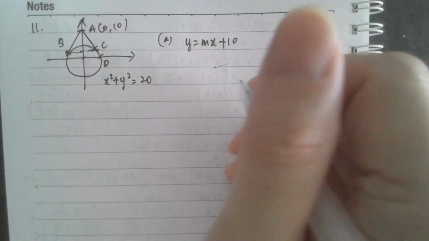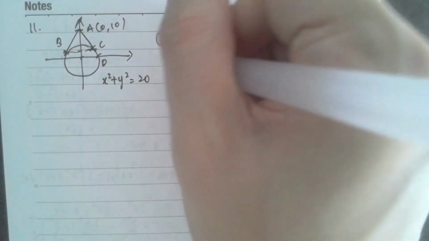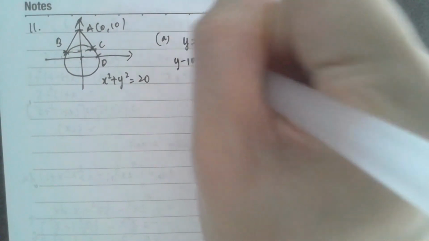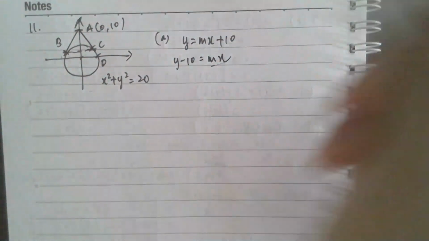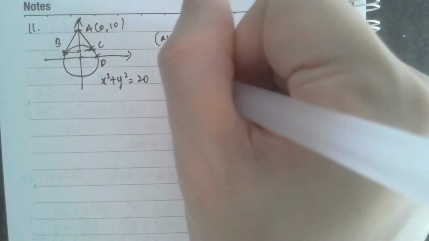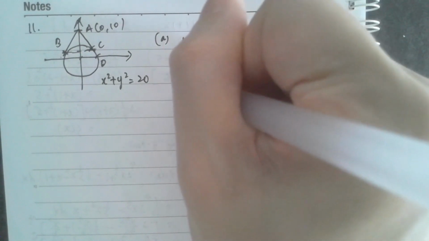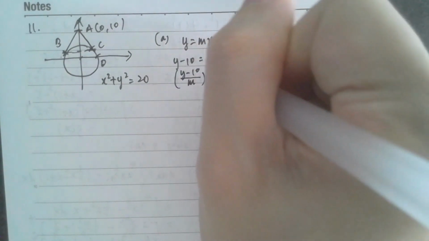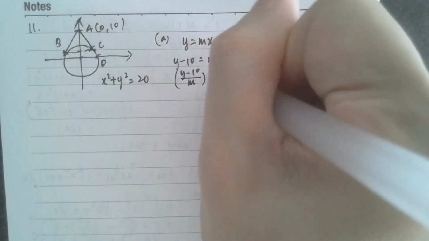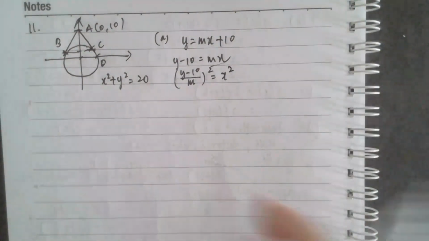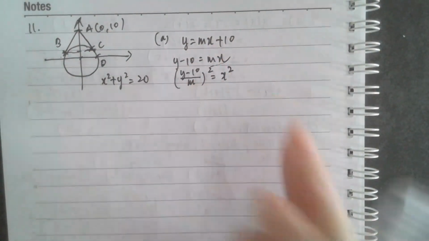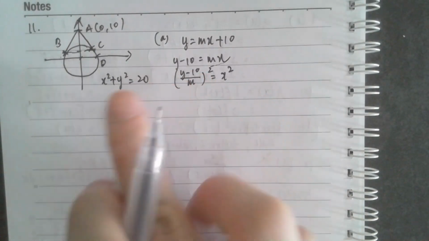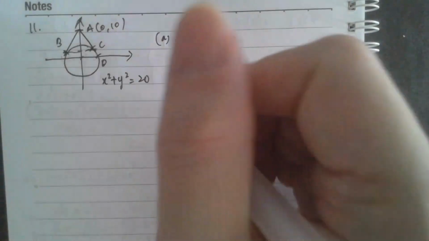So we can make x the subject here: x equals y minus 10 divided by m. Then x squared is that divided by m, squared. So I can substitute this into here and we can solve for y.